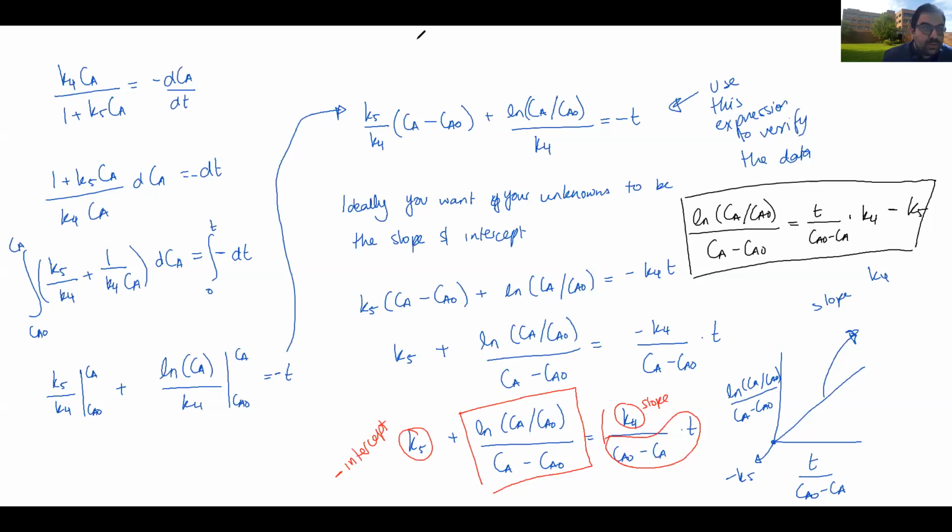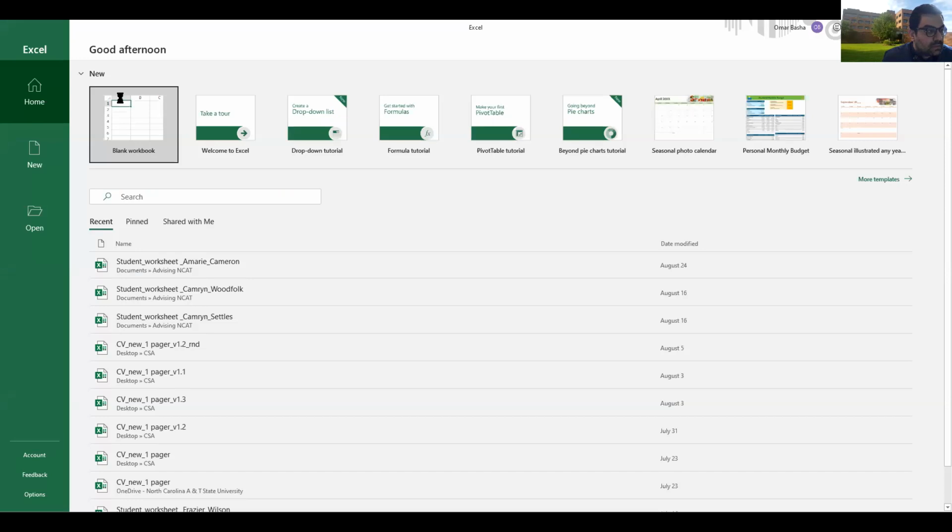Okay, so let me jump to Excel here. Let me share Excel in this case. So this is the equation I'm trying to plot. So let's have a look at the data we're given. And so experimental data we're given, I have CA and I have t. And this is in millimole per liter. This is in hours.